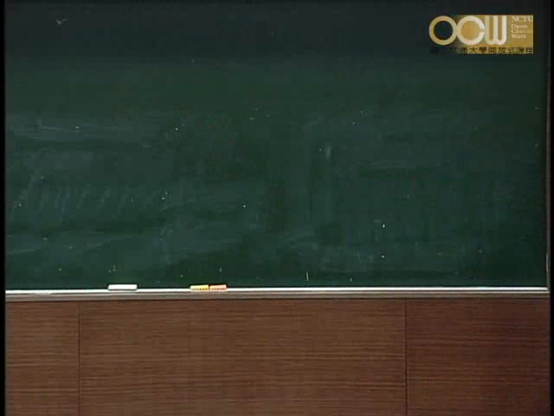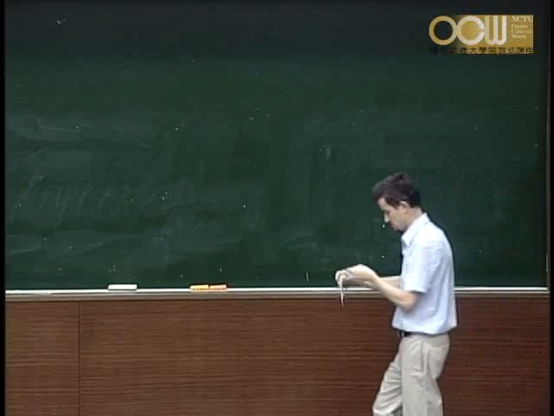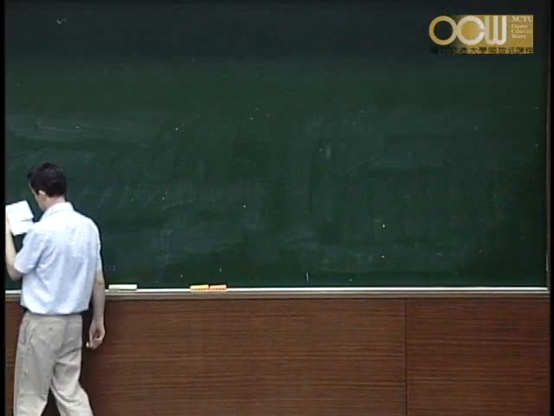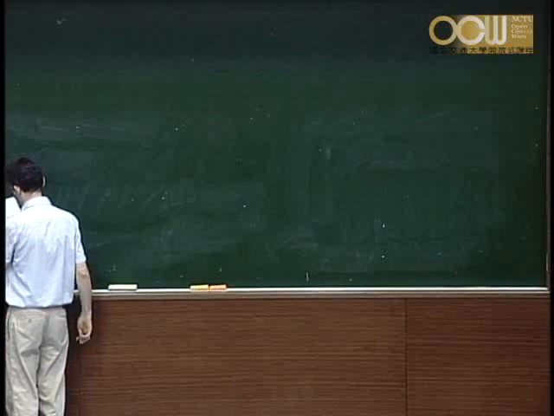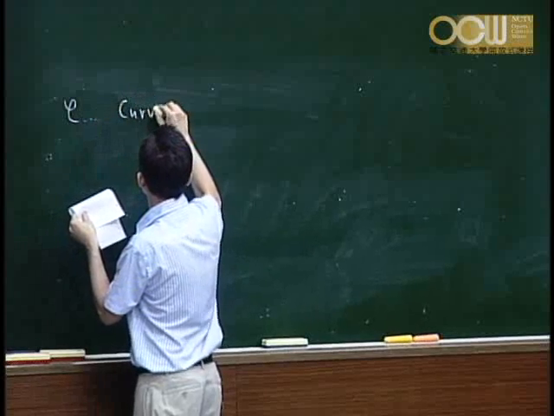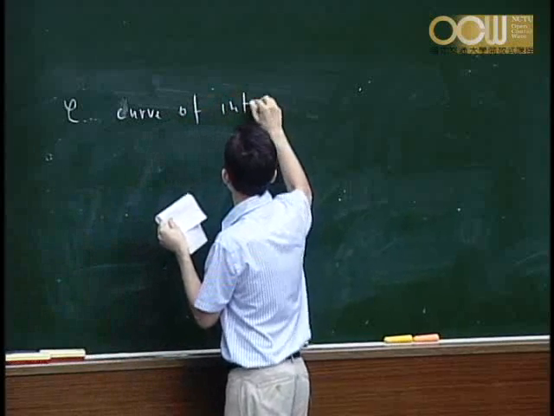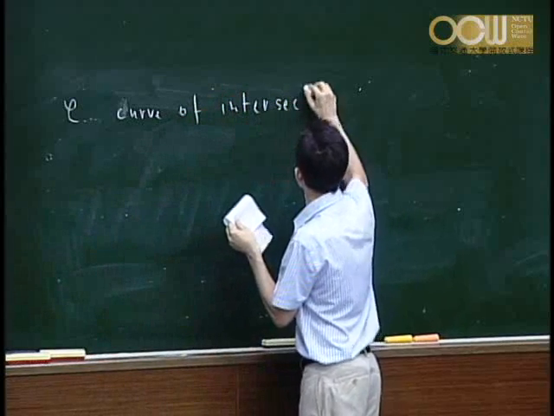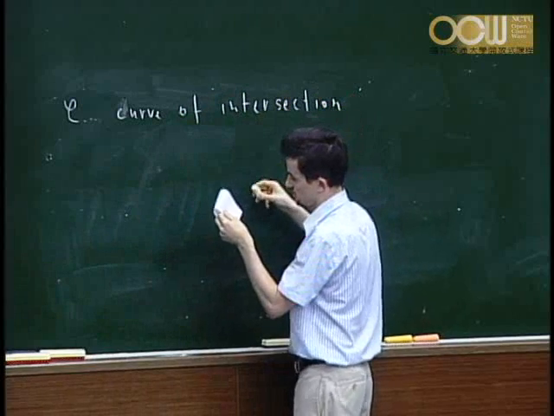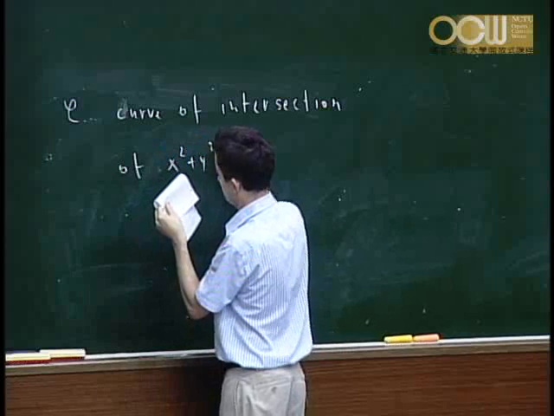An example which appeared in a previous homework. So given the curve, let C be the curve of intersection of x squared plus y squared is equal to 4.